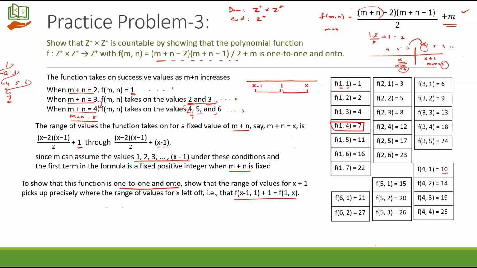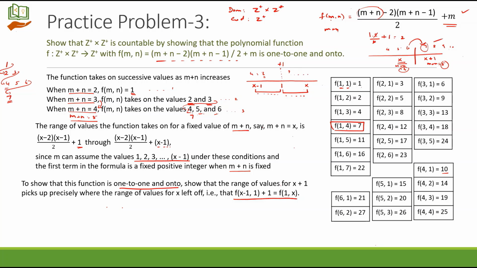We have to find the values between this particular range, and wherever this range stops, plus 1, this range should start. So if you have 4, 5, 6, this 6 should be taken. 6 plus 1 becomes 7 and this range is starting from here as per this example.